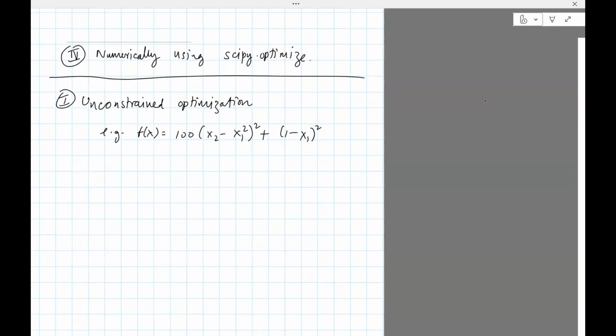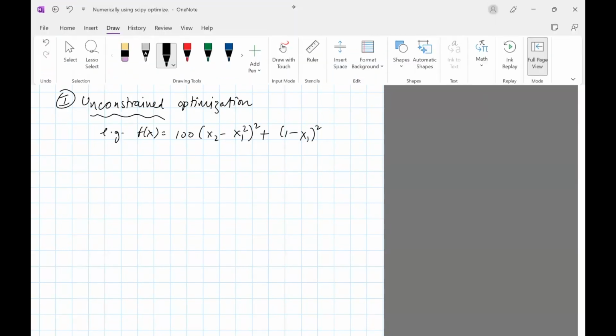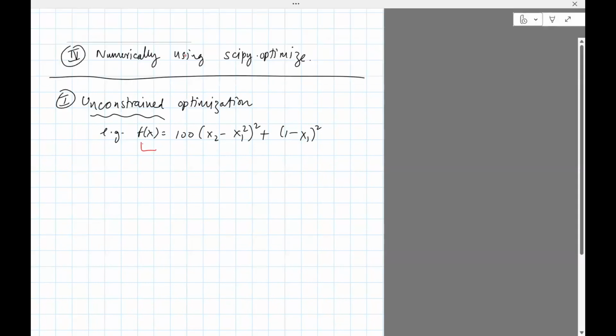Okay, so this is unconstrained because you'll see that there is only a cost. There is no constraint. There's nothing which says that x1, x2 follow a certain profile, or there are no limits placed on x1, x2. A constraint could be, say, that x1 needs to be less than 5, or x1 plus x2 should be greater than 4, or whatever. It's not this.